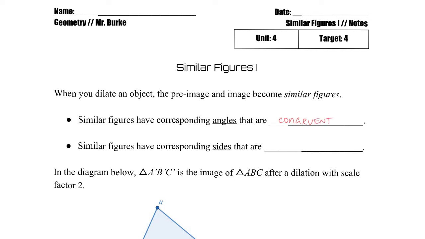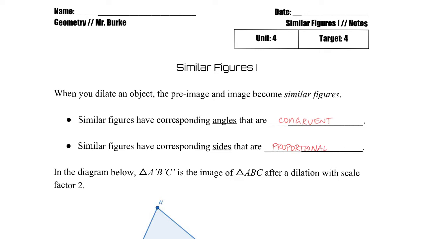And in similar figures, all the corresponding sides, obviously they're not going to be congruent because we dilated it, so they're going to be a different size, but they're what we call proportional. And what that means, I'm going to first of all spell it correctly, proportional.